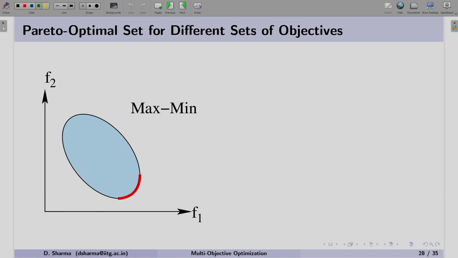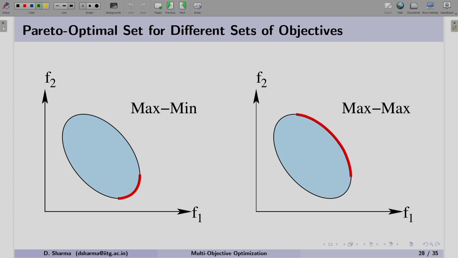Let us take two more examples. Suppose we want to maximize F1 and minimize F2. For the same feasible search space, the Pareto set will shift to this particular corner.